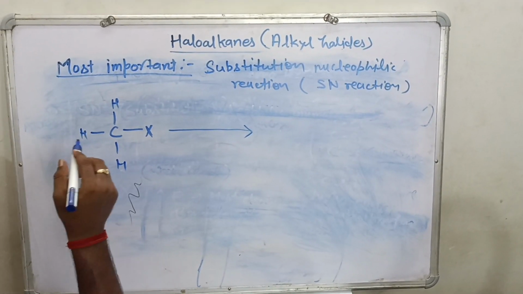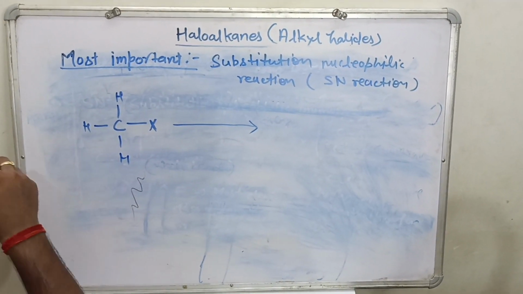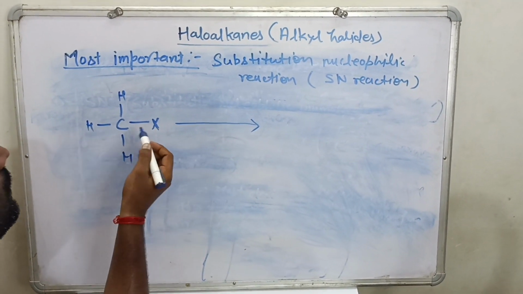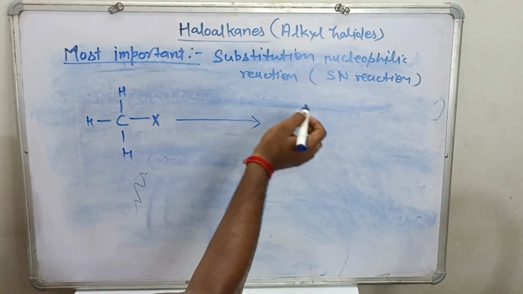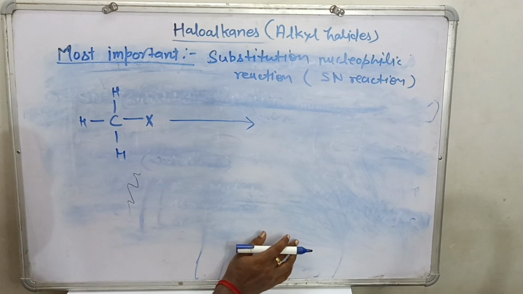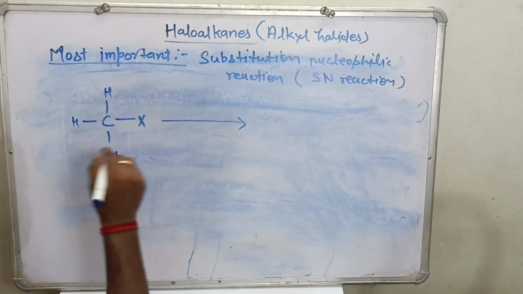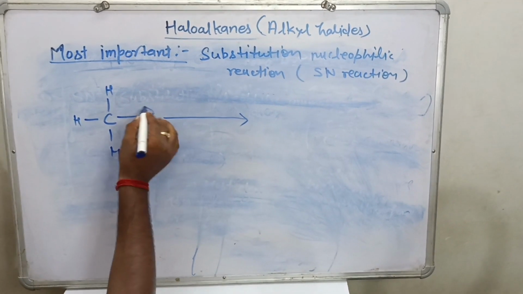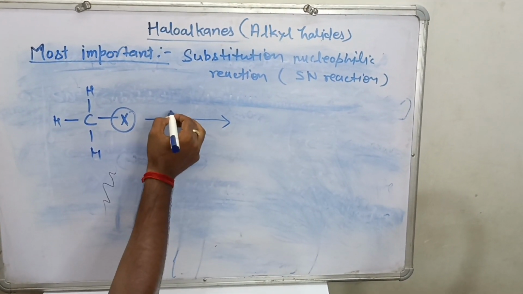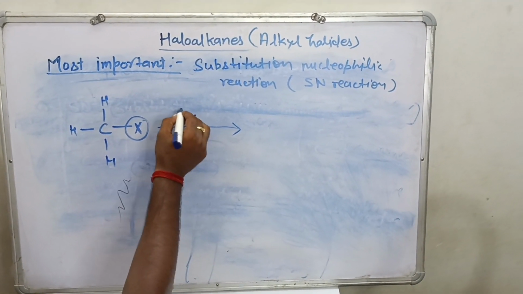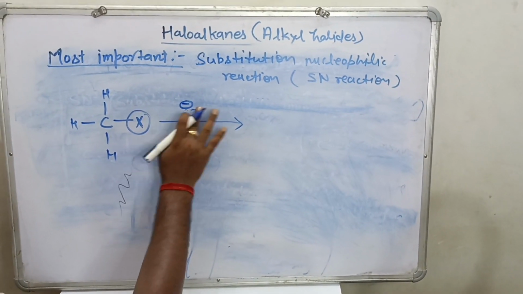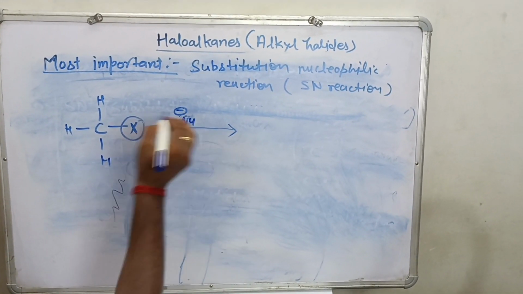Now, after explaining the nature of the C-X bond, the most important topic of haloalkanes is the nucleophilic substitution reaction, also known as the SN reaction. In a nucleophilic substitution reaction, the halogen atom is replaced by another nucleophile, which I am writing as Nu minus.